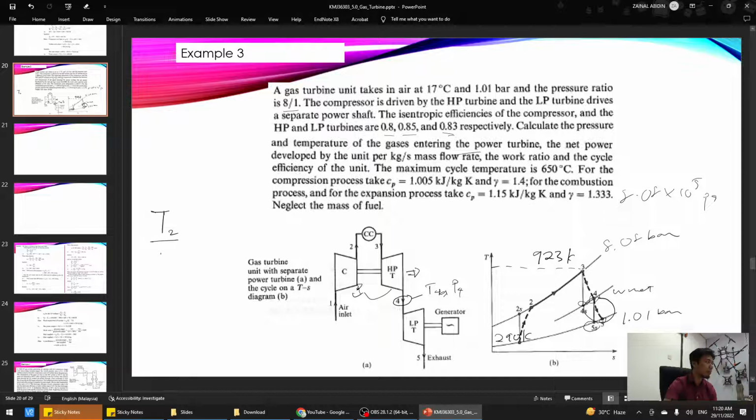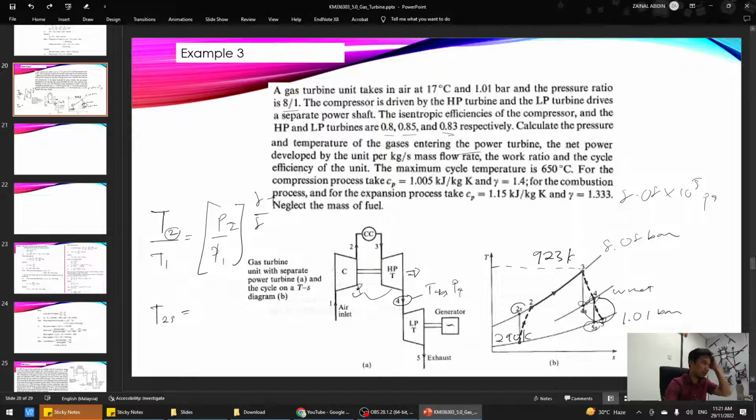T2 divided by T1 equal to P2 over P1 to the power lambda minus 1 divided by lambda. Okay, you get T2. So T2 represent here is T2S, not the T2 actual here. T2S, you dapat yang garis lurus punya. Formula ni untuk yang garis lurus, bukan you dapat yang di sini. So you dapatlah T2S based on this formula.